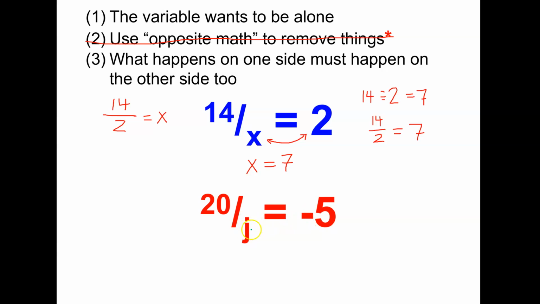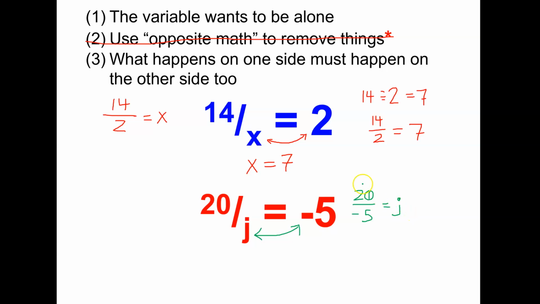And if we put -100 in for our variable, that math doesn't work. Because the variable is on the bottom, we cannot use opposite math. We have to instead use our new strategy. If the variable is on the bottom, switch it with whatever is on the other side. So this problem becomes 20 divided by -5 equals j.